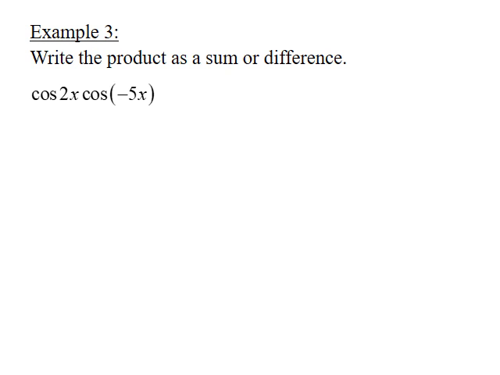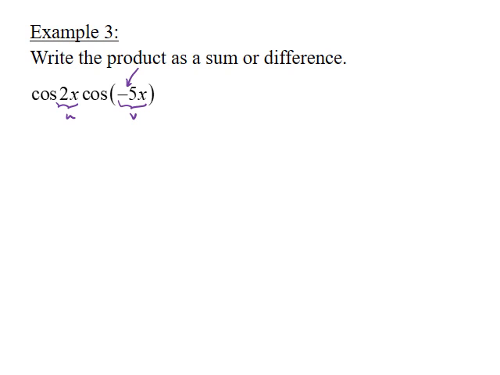Let's try another one. Okay, so here I'm multiplying cosines, and we notice that we have a negative argument here. So you have two choices. You can just proceed with this being u and this being v, or you can rewrite this with a positive argument.